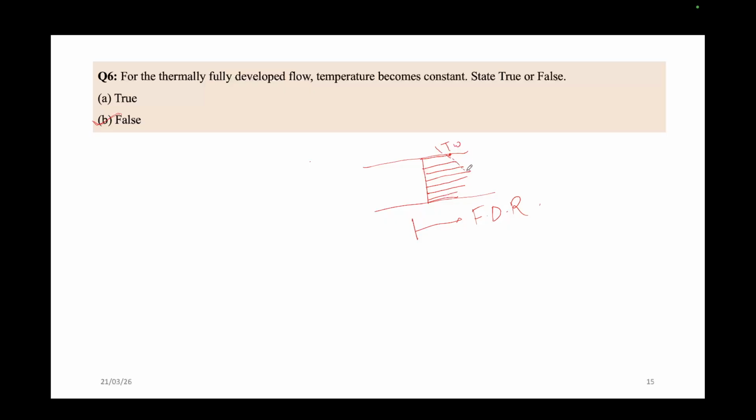Because it is not a vector quantity. So the temperature can change, it is not constant. That's why it is false. Good. Next question.